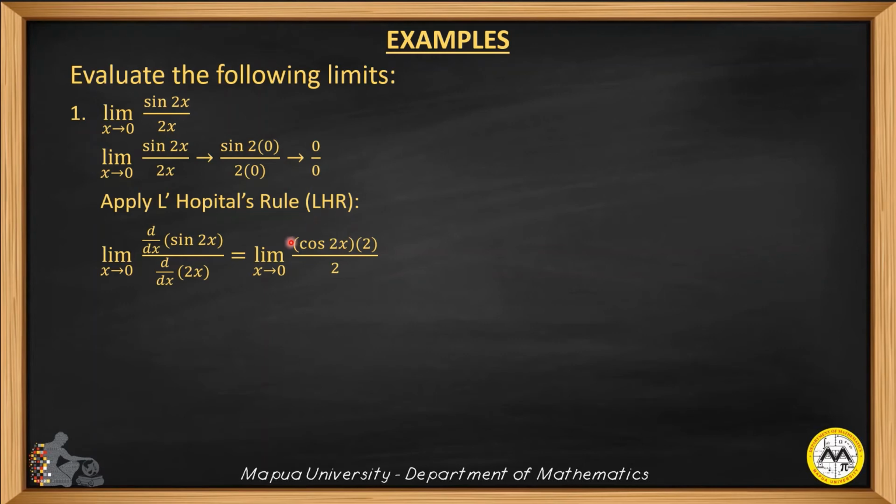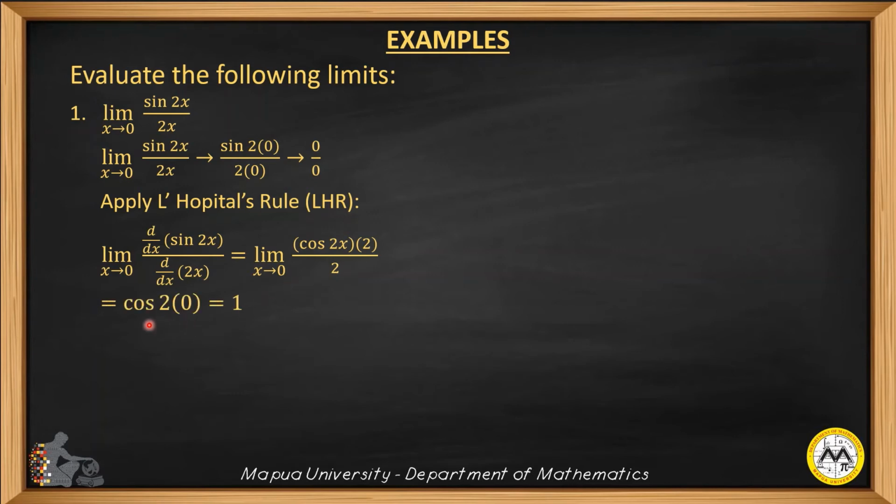Okay, simplifying now this ratio of cosine 2x times 2 divided by 2, we will just have a cosine of 2x. So using now cosine of 2x, we evaluate the limit as x approaches 0.